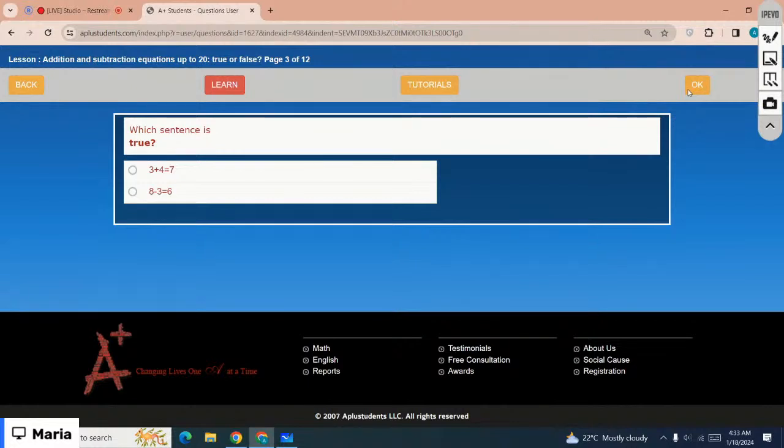Which sentence is true? 3 plus 4 equals 7 or 8 minus 3 equals 6. So which is the correct option? The correct option is 3 plus 4 equals 7. 3 plus 4 equals 7 is the correct one. Got it?